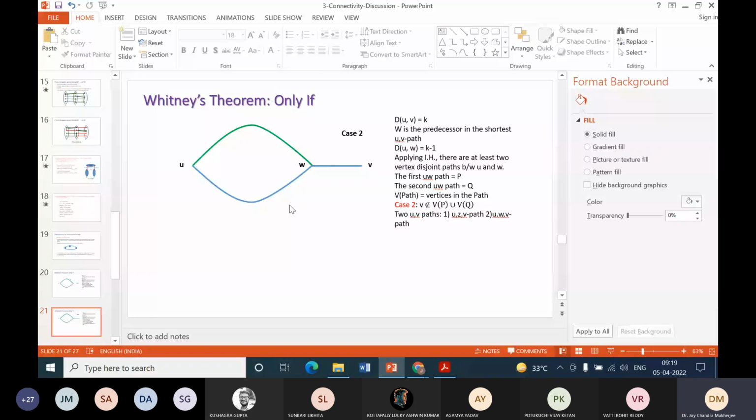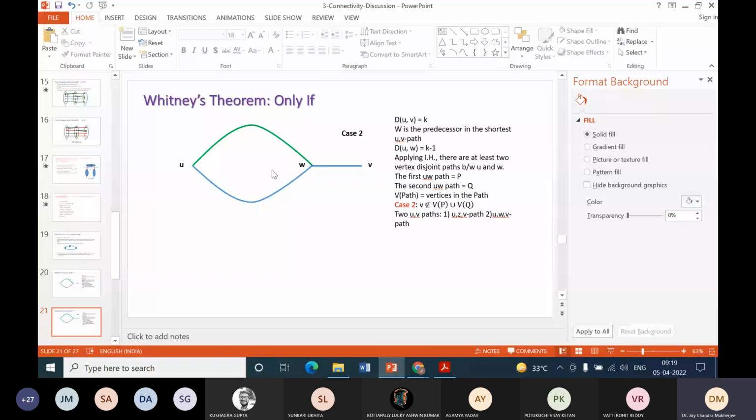That is case 2. Then what happens? So this is the case.